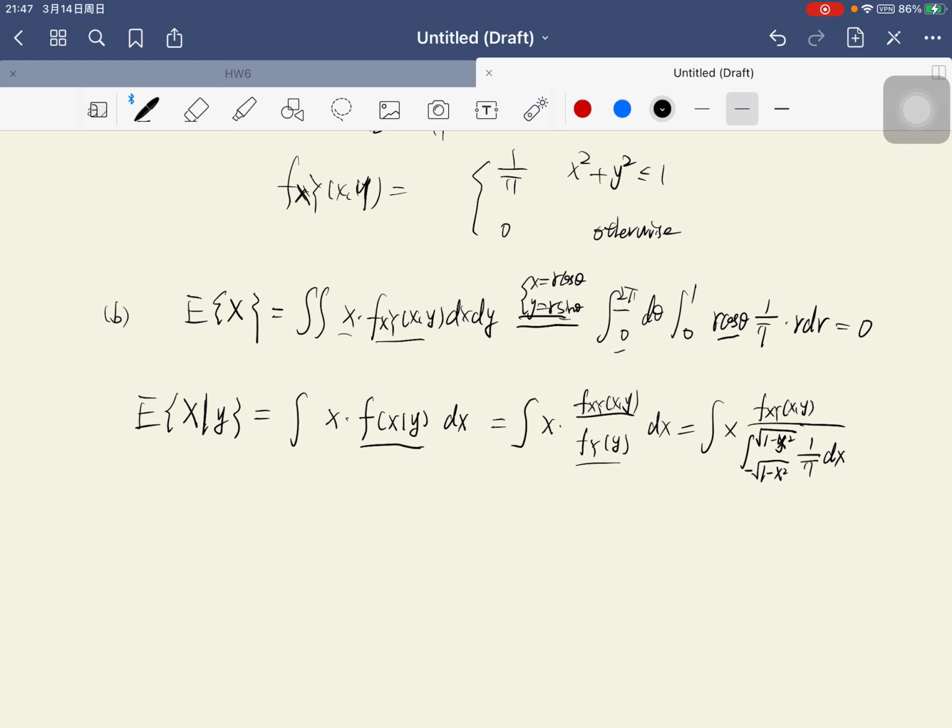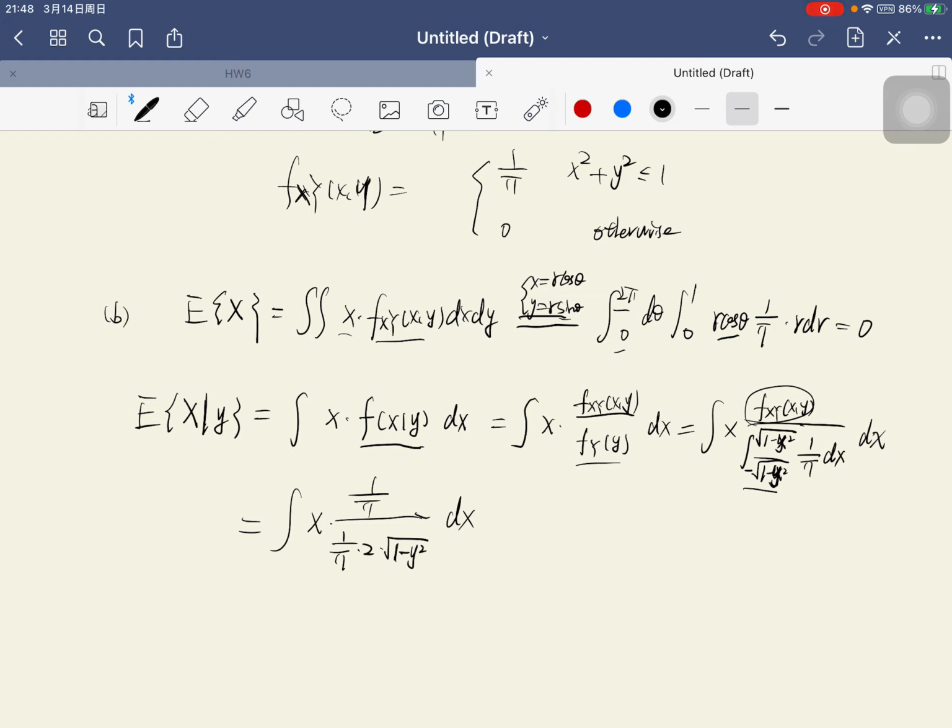To compute this, x times this part, which is 1 over pi, and this part is 1 over pi times 2 times the square root of 1 minus y^2, dx.